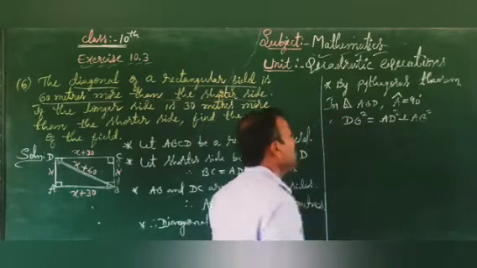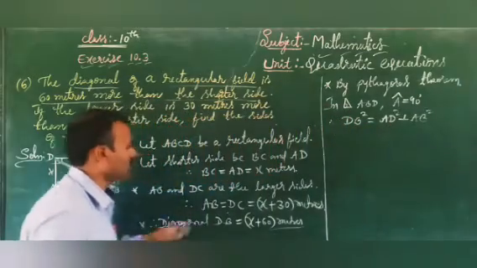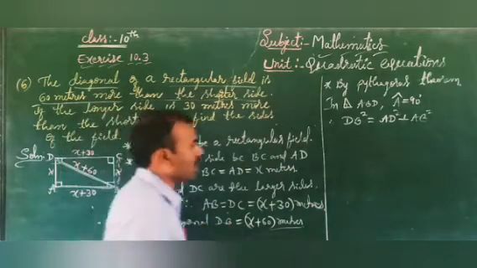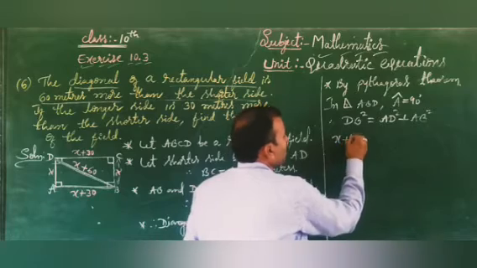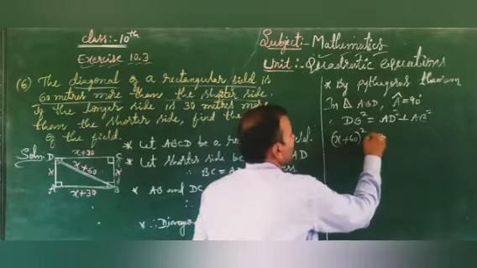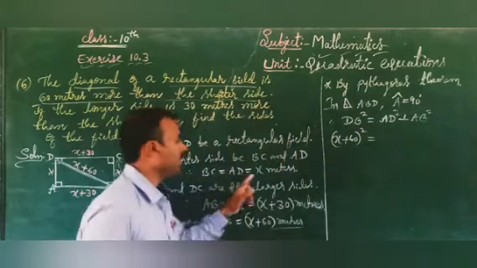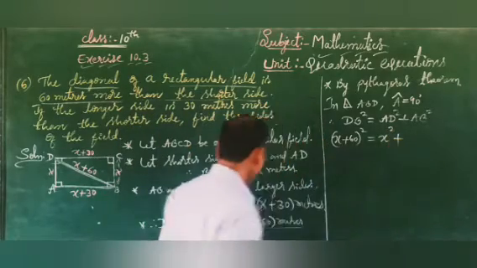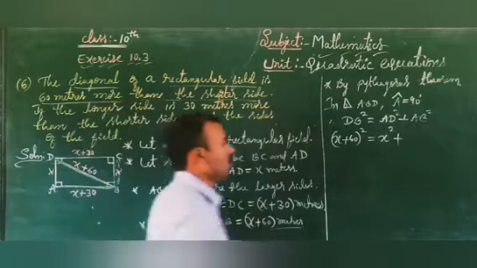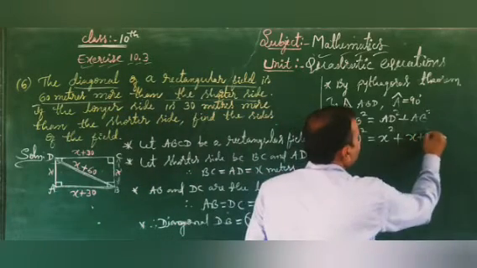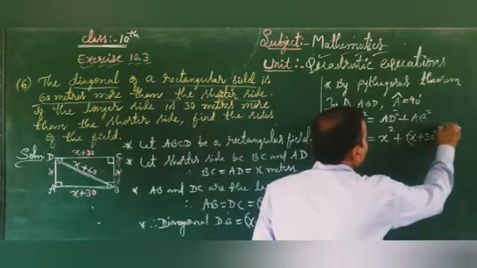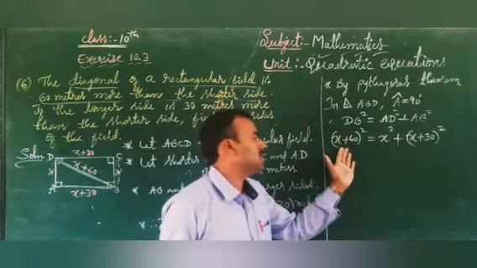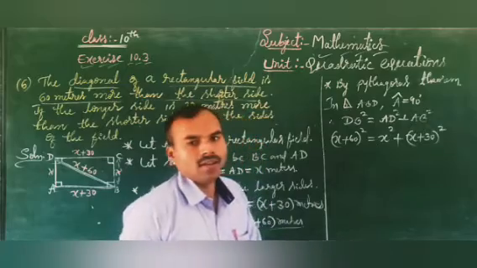Put the values. Here DB is the diagonal, so write (x plus 60) whole square equals AD, which is x square, plus AB, which is (x plus 30) whole square. Here (x plus 60) whole square is there.